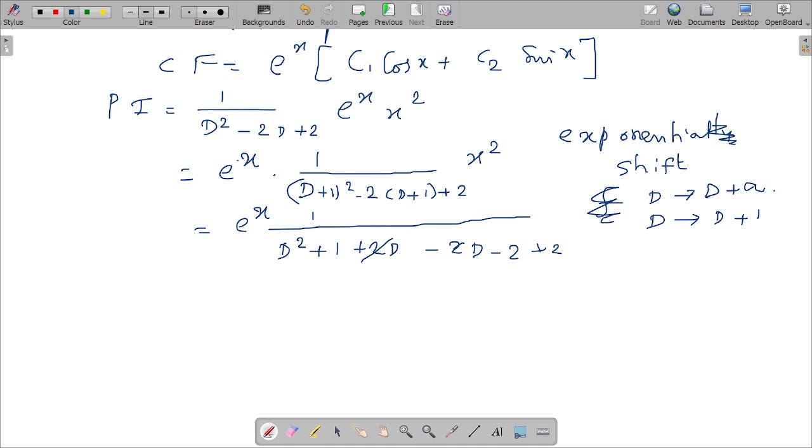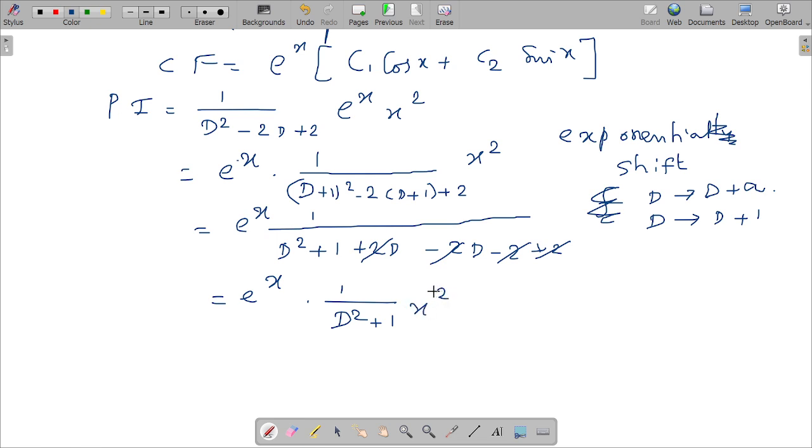So plus 2D and minus 2D cancel, and minus 2 and plus 2 cancel. We get only D square plus 1. So e power x into 1 by D square plus 1 into x square.